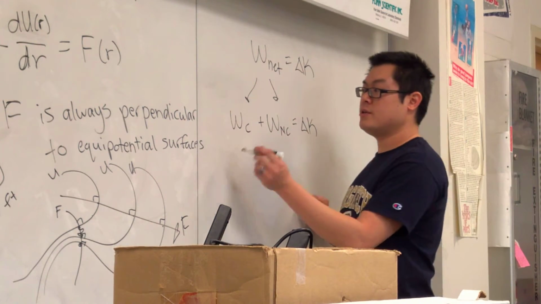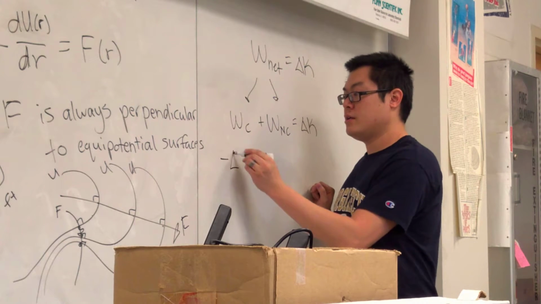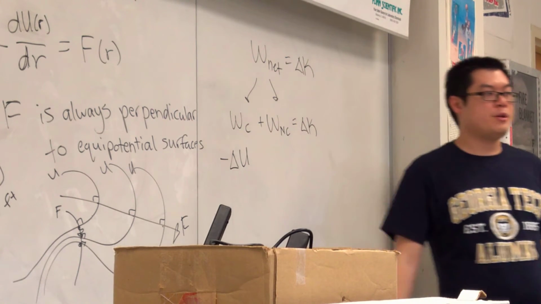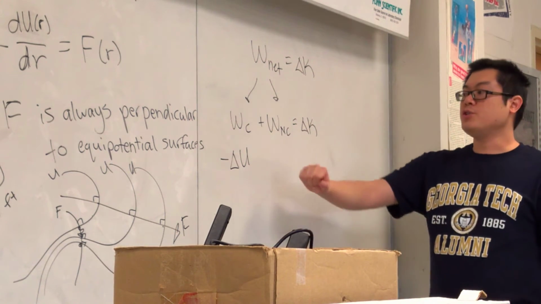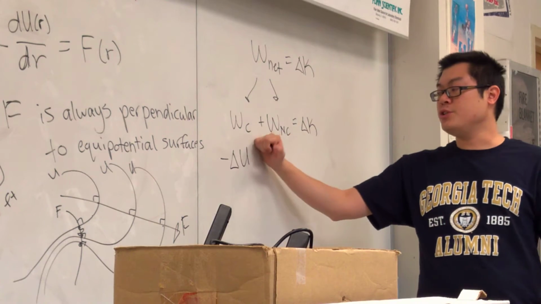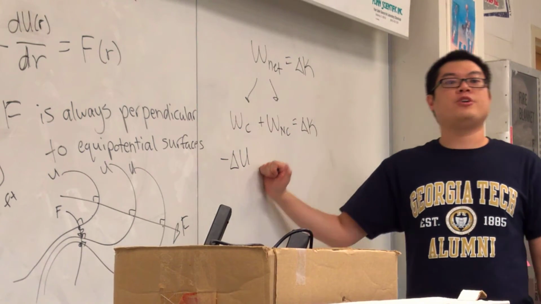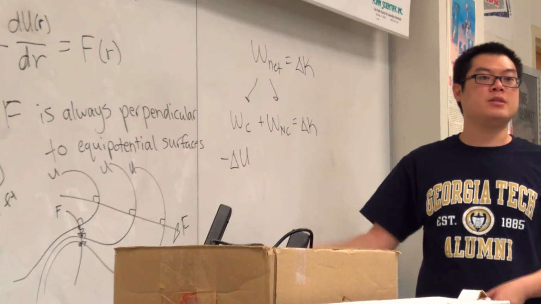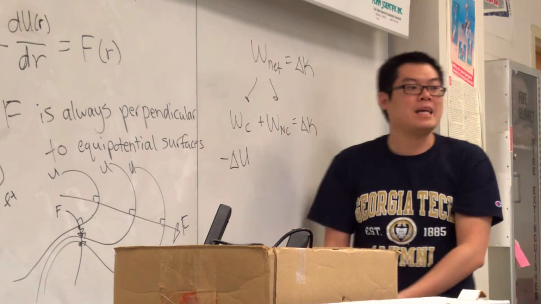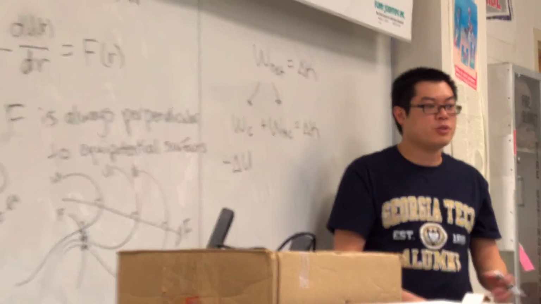Work done by conservative forces can be represented with a potential energy. K is kinetic. So when you do work with a conservative force, you can model it with some sort of potential energy function, which we'll classify kind of like what we did with forces.